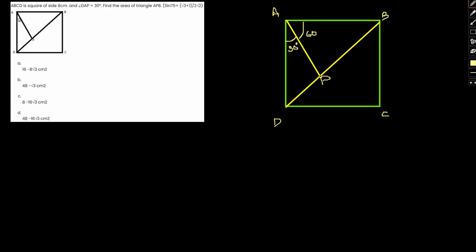Okay, so now as we can see, BD is the diagonal, therefore this angle and this angle will be equal, that is 45 degree and 45 degree. Okay, both these angles. So this again 90, so this angle again becomes 45 because both sides, so it's 90.